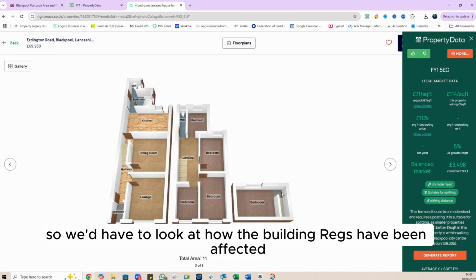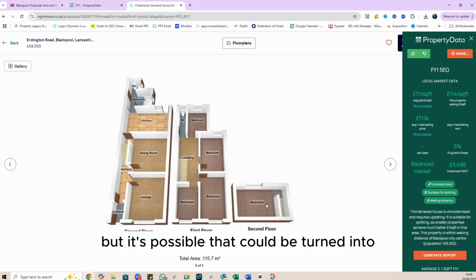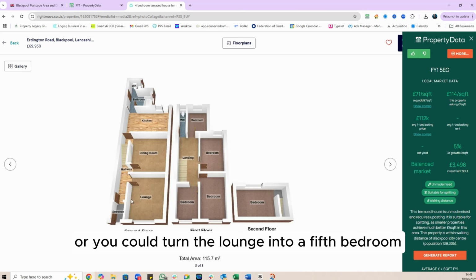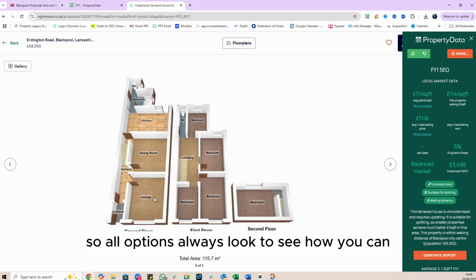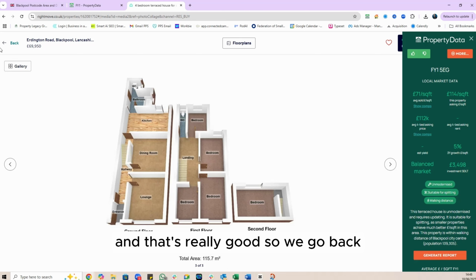So we'd have to look at how the building regs have been left there. But it's possible that it could be turned into an official bedroom and then it'd be a 5-bed, or you could turn the lounge into a 5th bedroom and be a 5-bed that way. So all options; always look to see how you can add value without actually doing a hell of a lot. That's really good. So we go back.